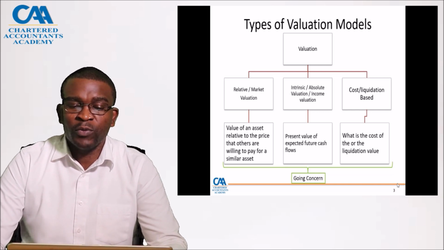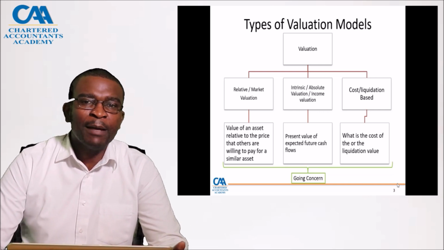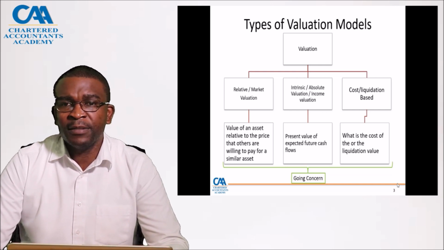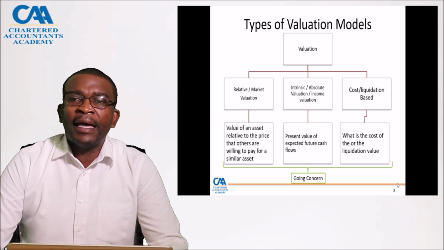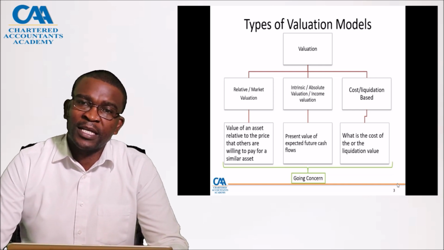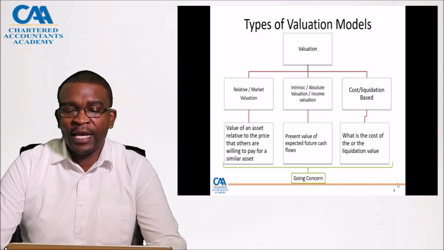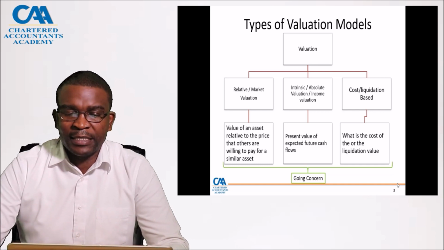The second one is what we call intrinsic, some call it absolute. The term that I prefer is an income-based valuation. This is where every asset should have an ability to generate future cash flows. So we can value those assets by looking at the future cash flows that flow to the entity.